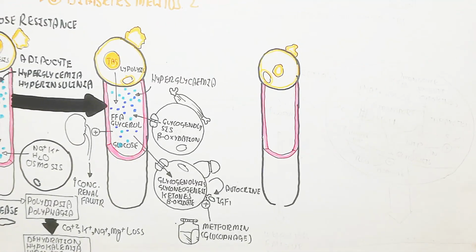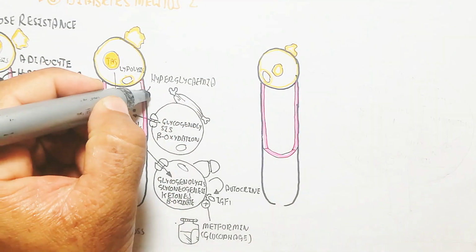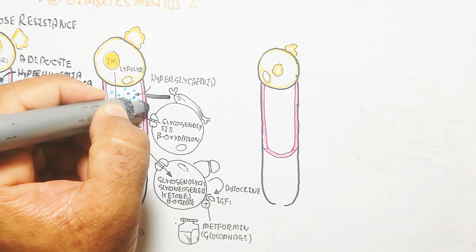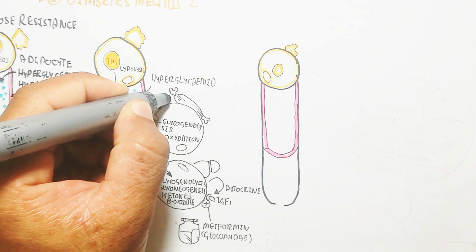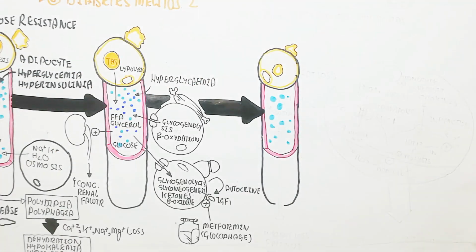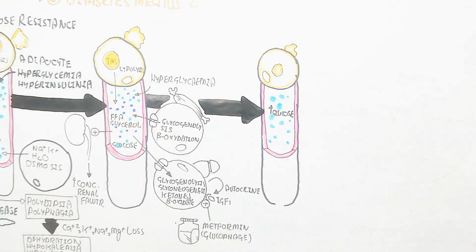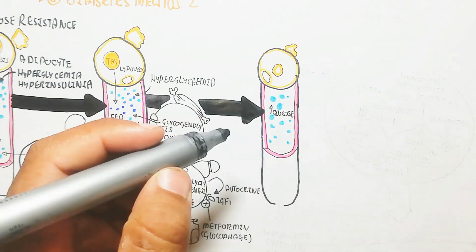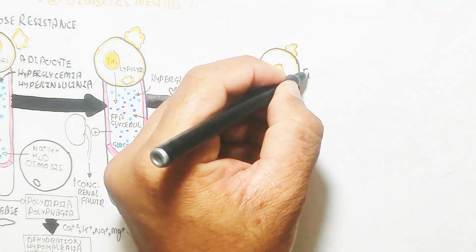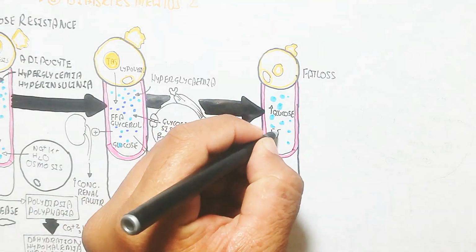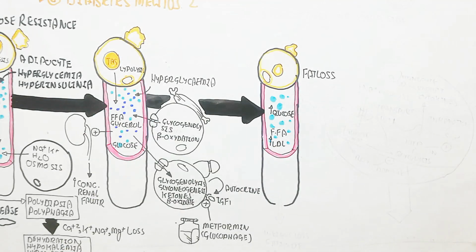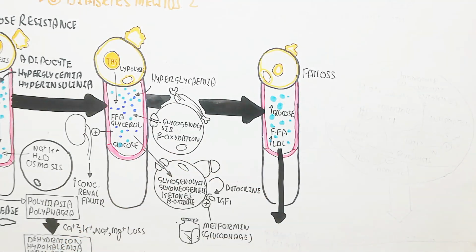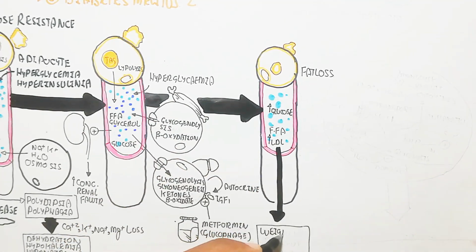The constricted urination will damage the glomerulus of the nephron, and will cause kidney failure, renal failure. So the glucose level will still be high, and fat loss will be triggered more and more, and gluconeogenesis will occur in the liver to produce more glucose from the free fatty acids, and the low density lipoprotein will increase.